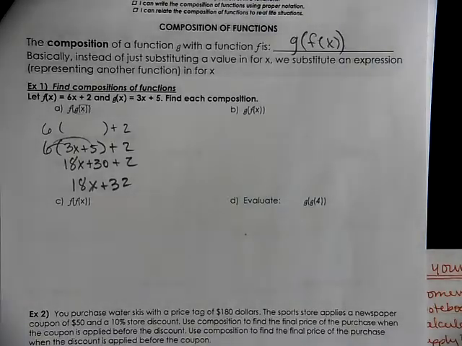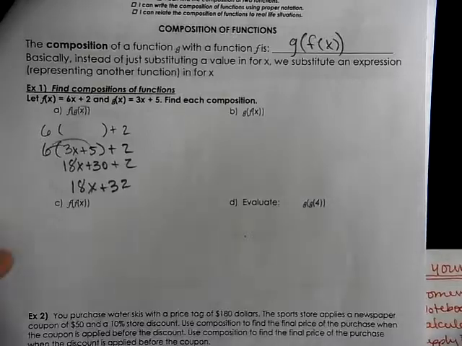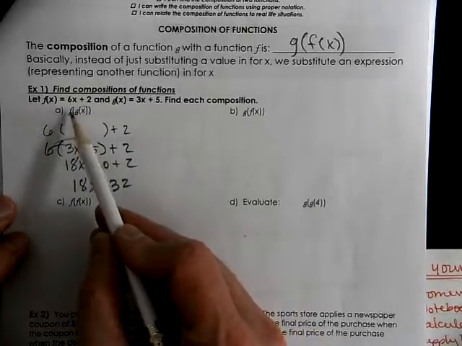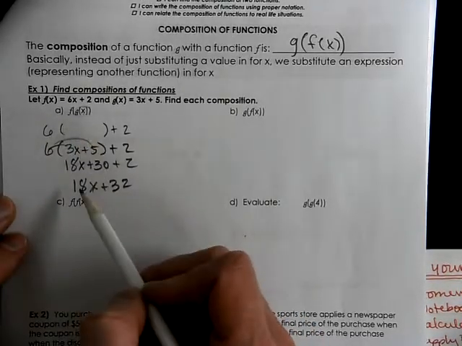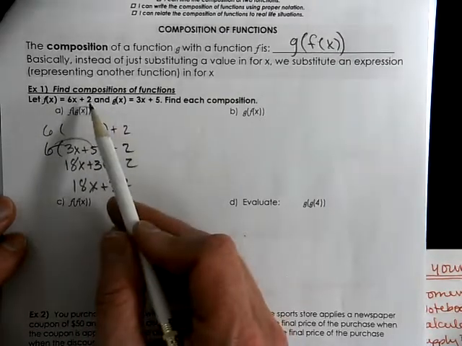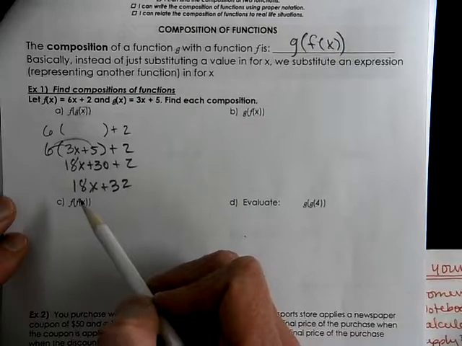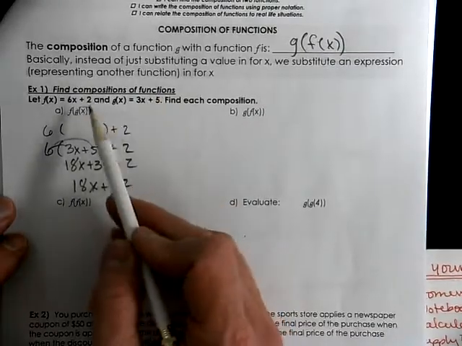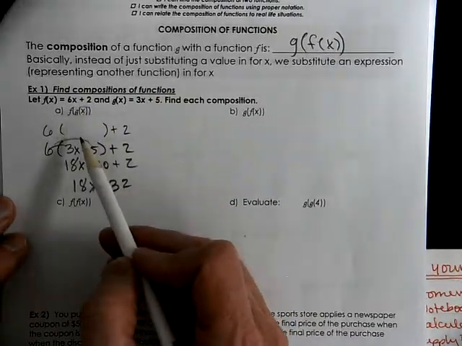So notice that f of g of x is not the f function times the g function. We didn't FOIL anything together. We plugged the g function into the f function.